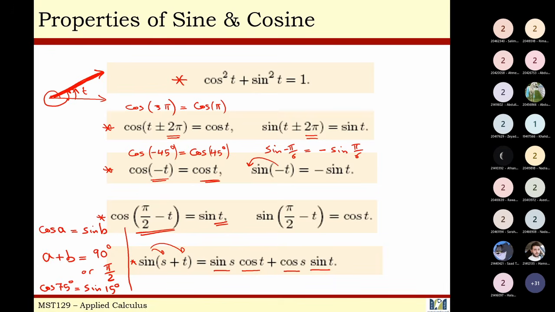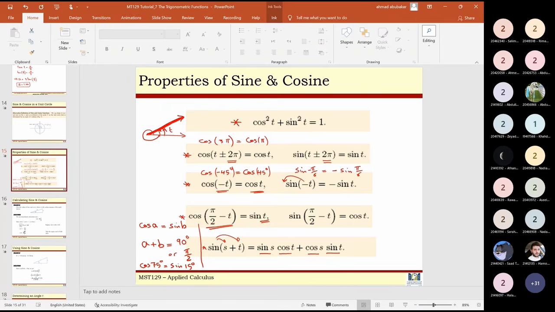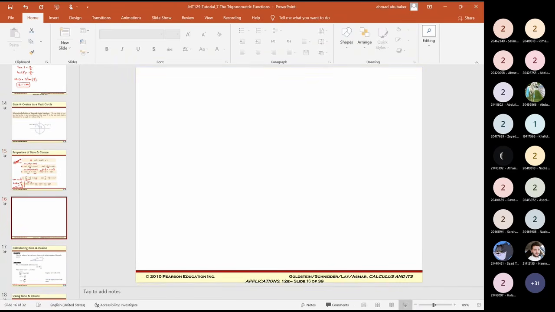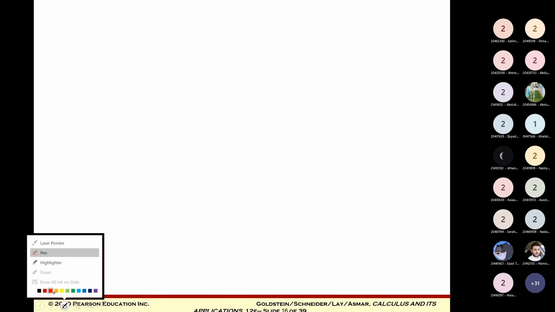Some applications about these properties. Example. Number 1: if the sine of t equals half, we need to find the cosine of t.